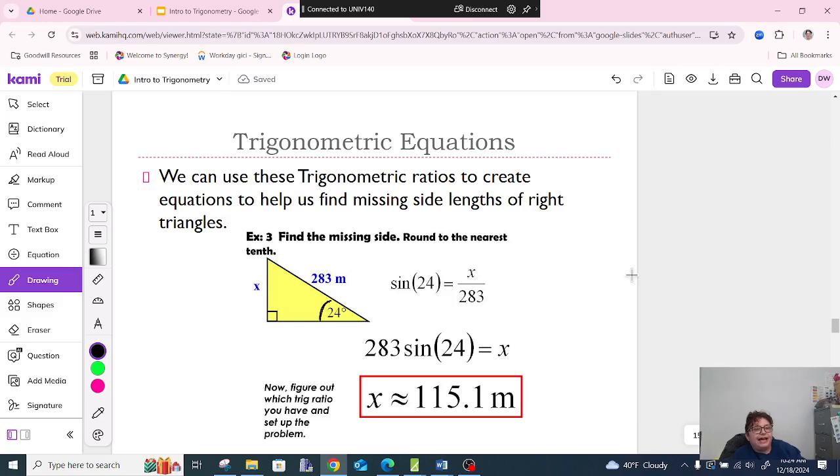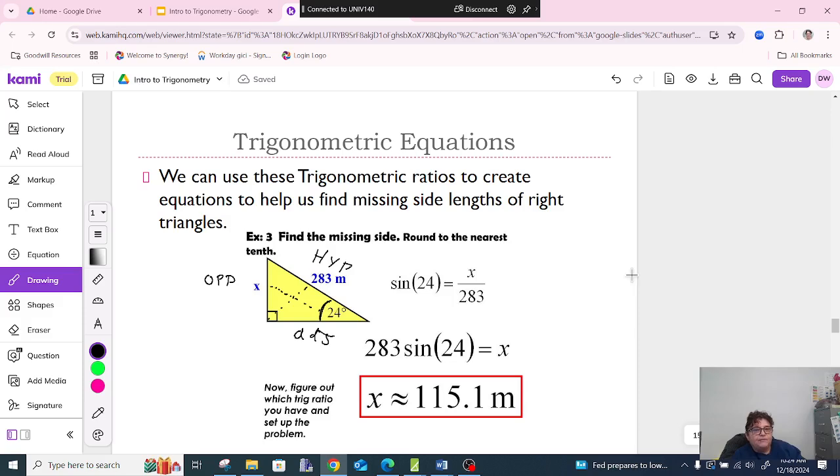I'm going to label my triangle just like I labeled before. So this side is opposite. This side is hypotenuse. This side here is adjacent.